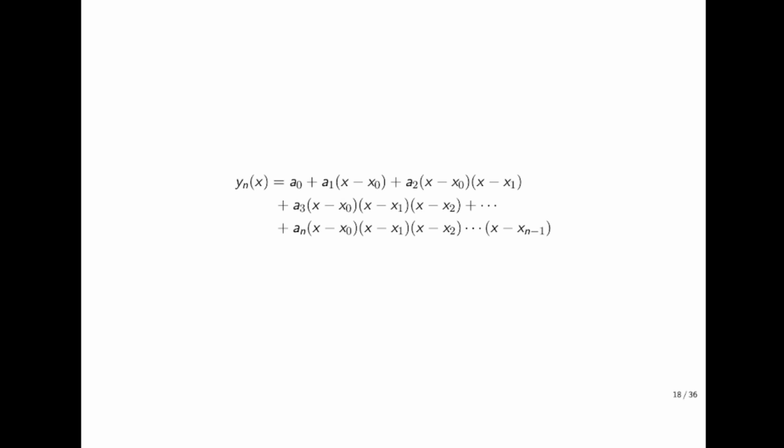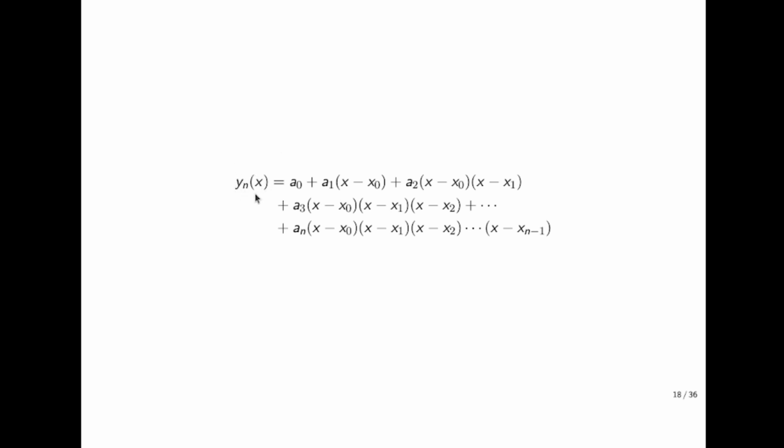Now we will use our symbols. y1 minus y0 is delta y0 and x1 minus x0 is h. So we get a1 as delta y0 by h. Our next attempt is to find a2. For finding a2, you have to get rid of all the terms which have x minus x2. So you will substitute x equal to x2 on both sides.